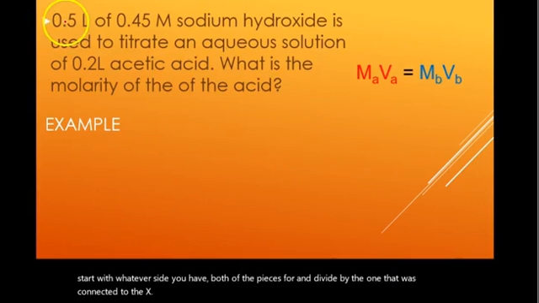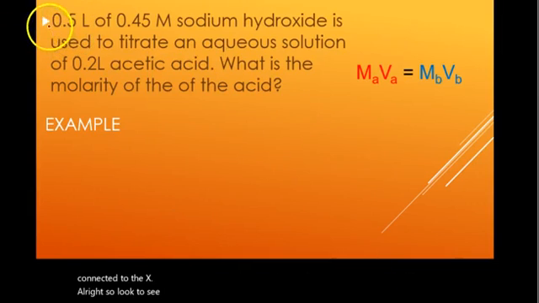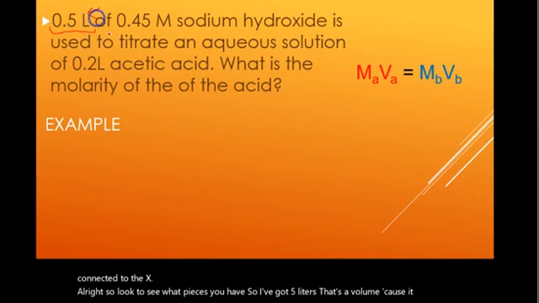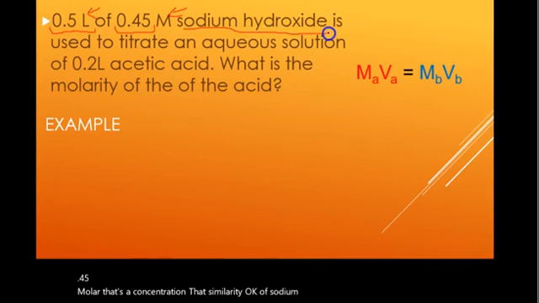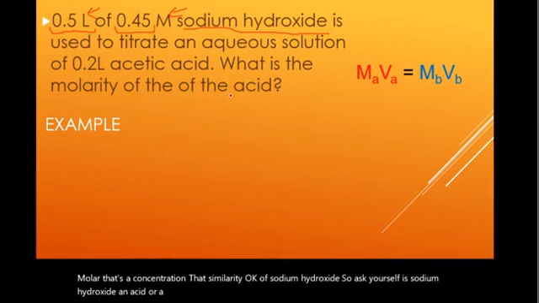All right, so look to see what pieces you have. So I've got 0.5 liters, that's a volume because it says liters, of 0.45 molar, that's a concentration, that's a molarity, okay, of sodium hydroxide. So ask yourself, is sodium hydroxide an acid or a base?